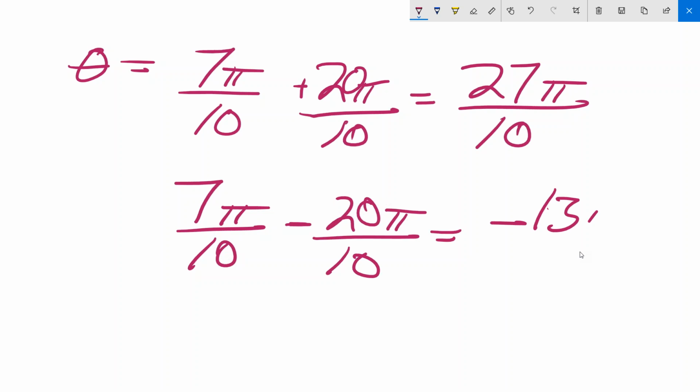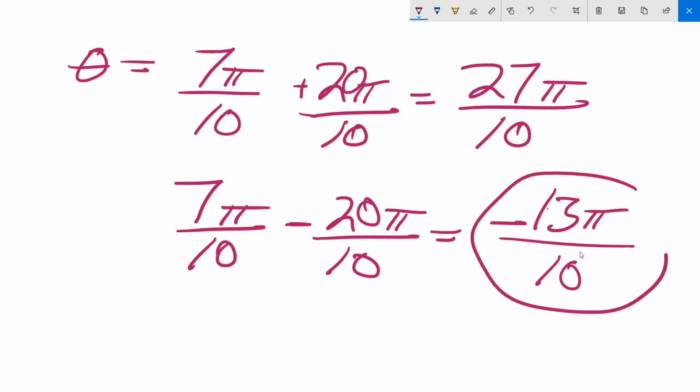Over 10. Not 13 pi. Don't forget to bring the 10 forward. Okay? That's a negative angle in the unit circle, and that's a positive angle outside the unit circle.